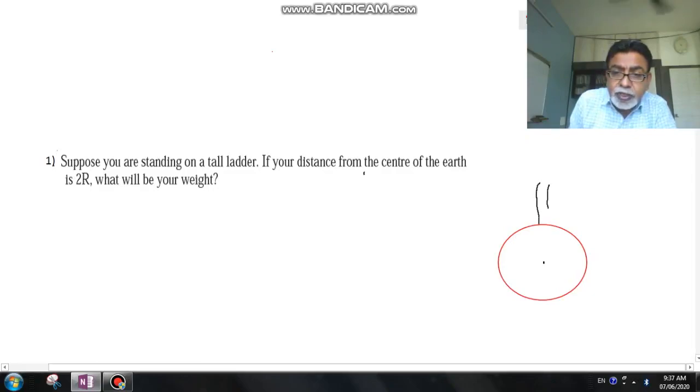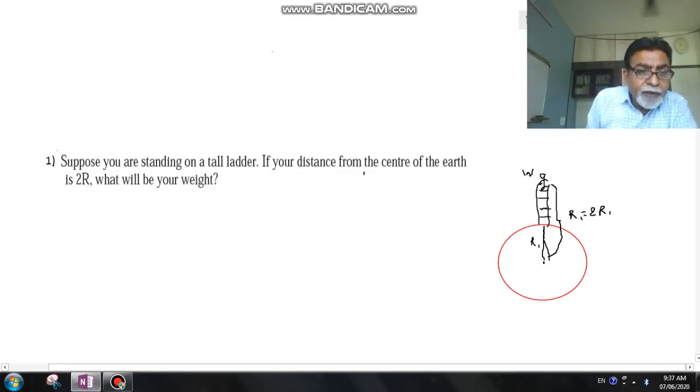And what is your height from the center of the earth? Let's call the new distance r1. This is 2r, and this is r. So you are here, and you have to calculate your weight here.